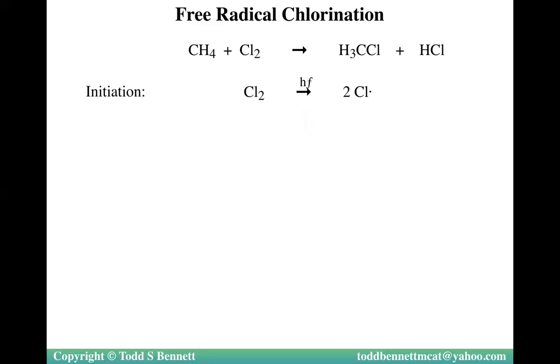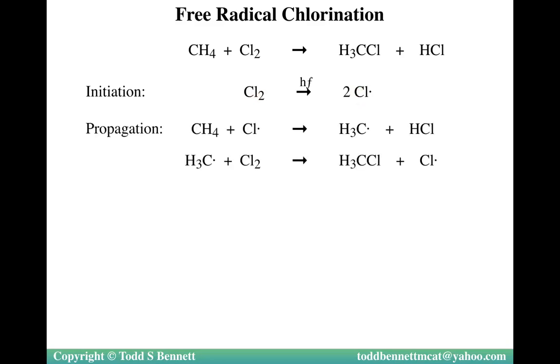Okay, we add light in, we have the initiation reaction, and we generate two chlorine free radicals. Then come the propagation steps. There are two propagation steps, which we saw on the previous slide. The chlorine free radical is going to abstract a hydrogen, so it's going to come in and break one of the C-H sigma bonds. They're all four equal, so that's why we chose this one. It's going to take one of those H's, and it doesn't matter which one.